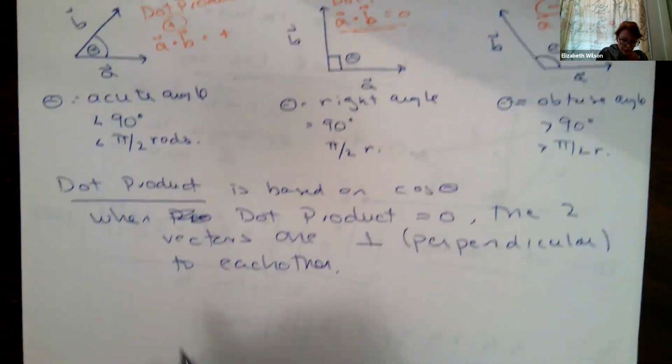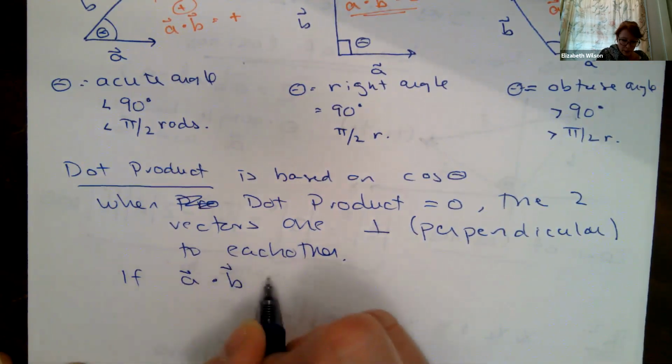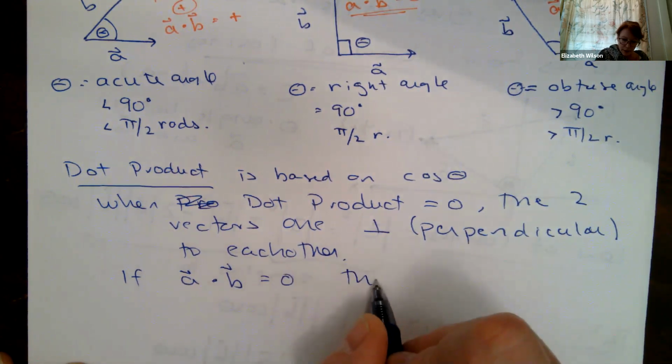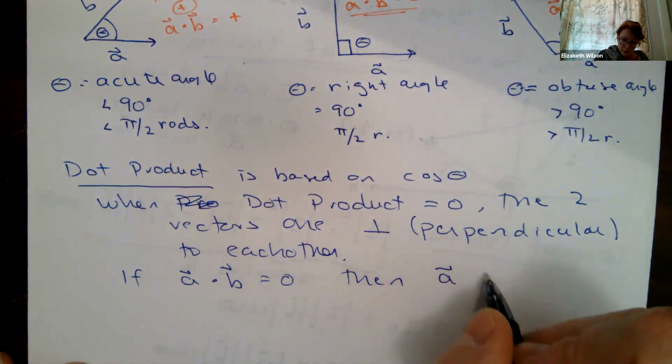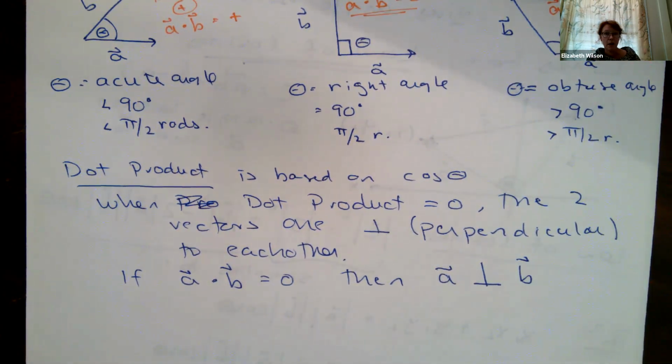I can write that in math: if A dot B equals 0, then A is perpendicular to B. It's important. We're building up a toolkit right now. We're going to find out in other chapters that knowing two vectors are perpendicular means I can do other things with them. So a dot product becomes our test to see if two vectors are perpendicular. Let's keep that in mind.